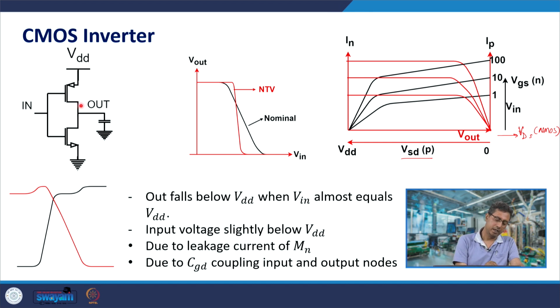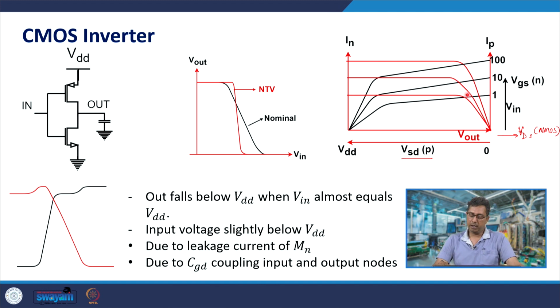For a certain value of input voltage, VGS is increasing in this direction for the N MOSFET, and VSG of the P MOSFET is reducing as you go above. These are for different values of VGS of the N MOSFET and different values of VSG of the P MOSFET.